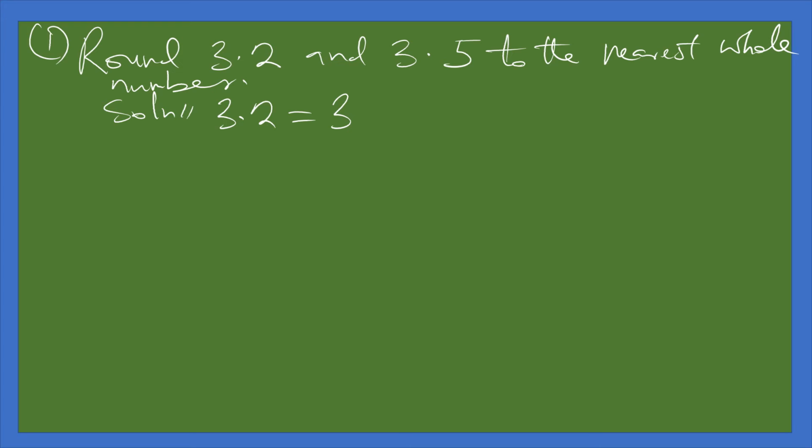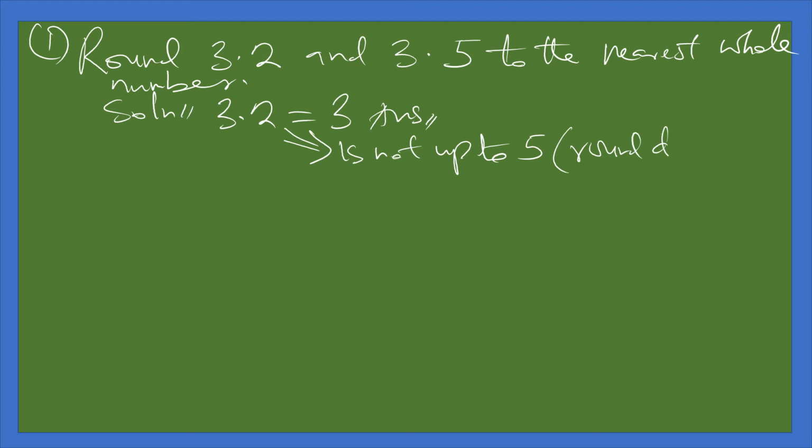This is the answer to the nearest whole number. Why? Because this 2 is not up to 5. So we round it down to 0. There's no need of writing the 0 here, so we just allow it to be a whole number, because they said a whole number, and a whole number does not have a decimal place. So the answer 3 is the answer.